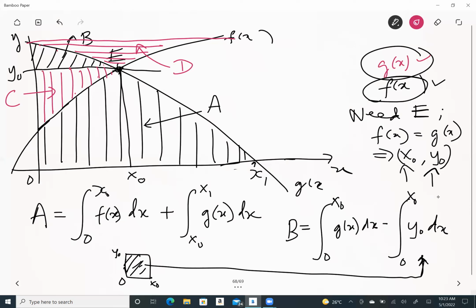Just tell me first what areas are involved, and then what are the intervals?